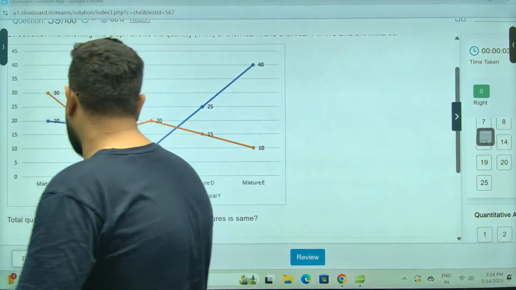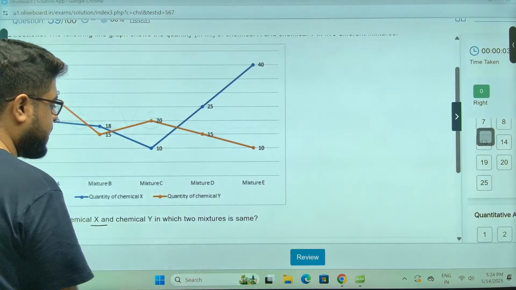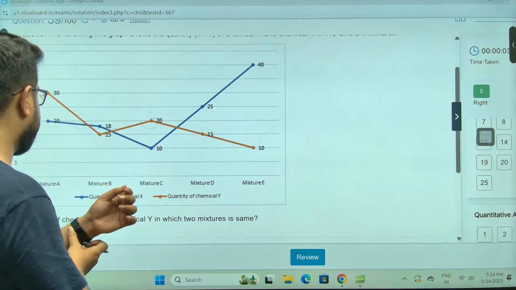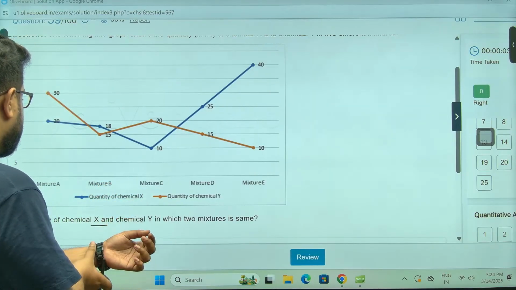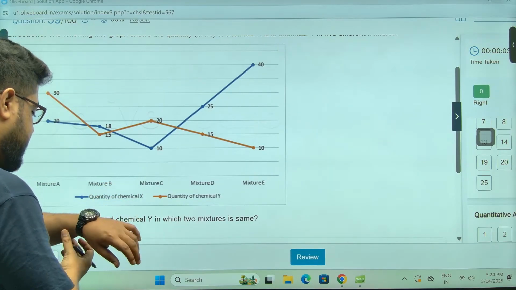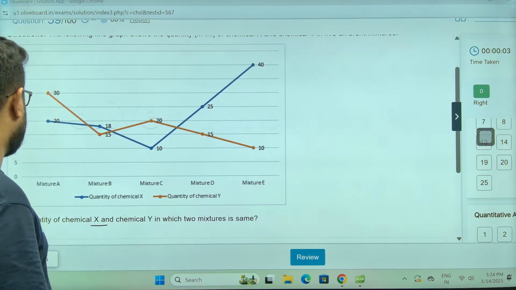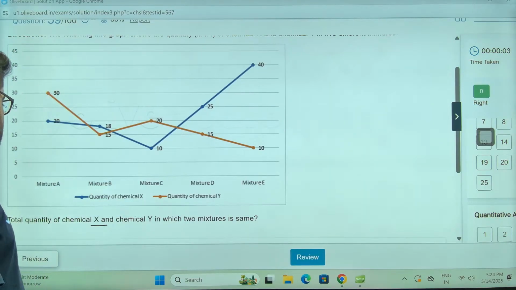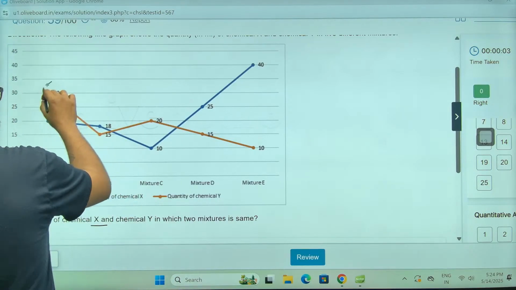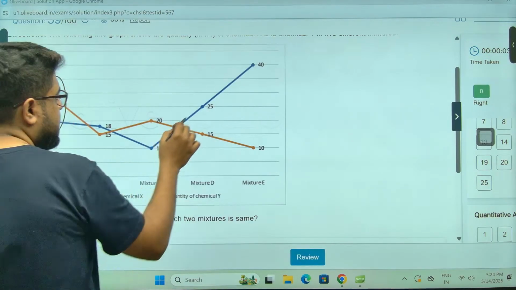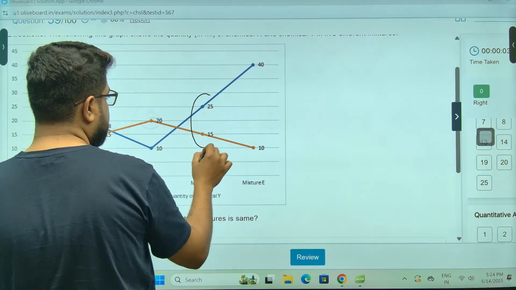The total quantity of chemical X and Y in which two mixtures are same? Total quantity of chemical X and Y. Acha, total is same. So this is 50. This is 40.